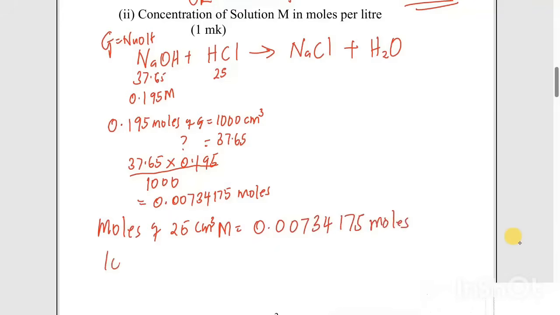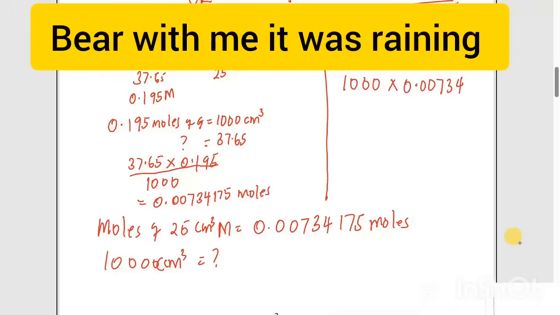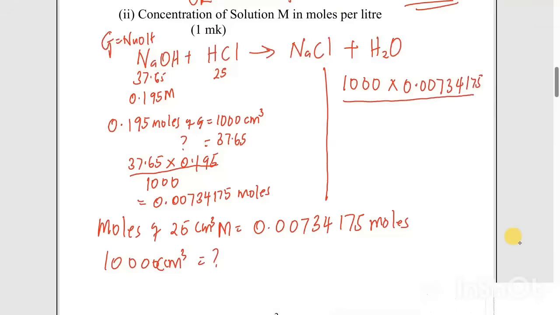So we will ask, 1000 centimeters cubed will contain how much? 1000 times 0.00734 divided by 25. And that gives us 0.294 capital M. So that is the concentration of solution M.